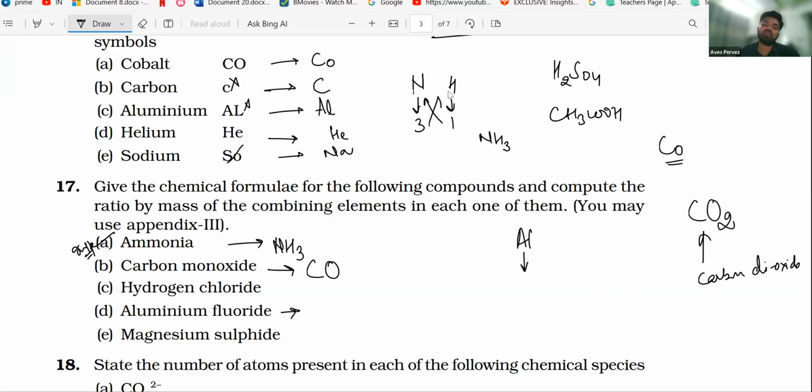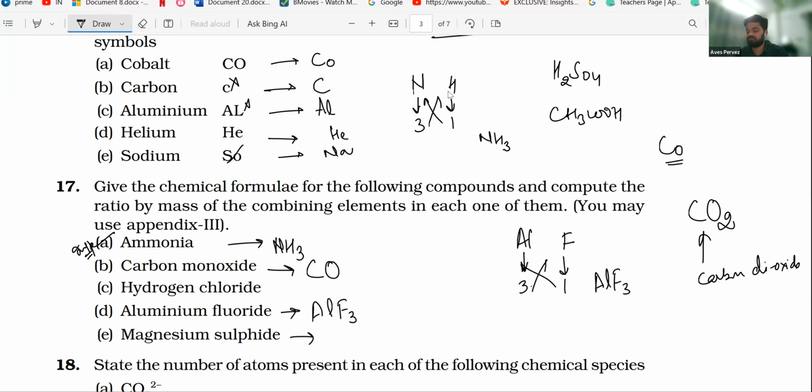Other students, why are you not answering? What's the valency of aluminium? This is in the textbook. Aluminium is 3. And what is fluorine? AlF3. Yes, it is correct. Cross multiply, AlF3. Okay, aluminium fluoride.